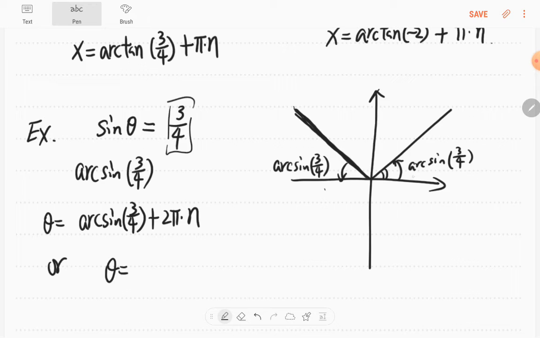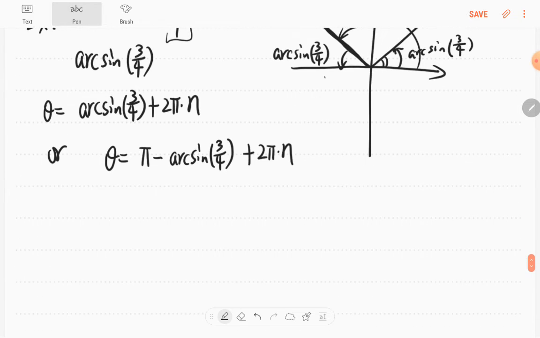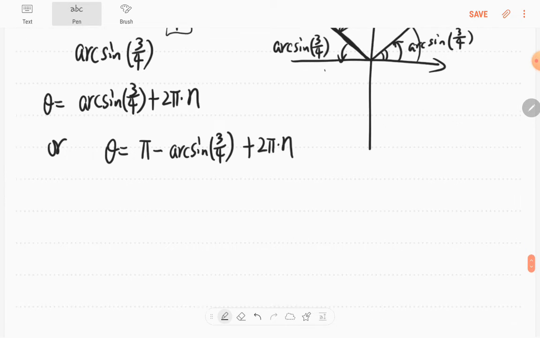We need to find this angle. This angle is pi minus arc sine of 3/4. Then you need to plus 2 pi n, right? Then you can simplify it.